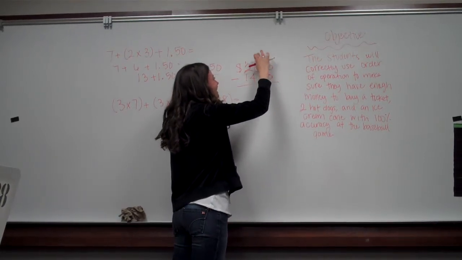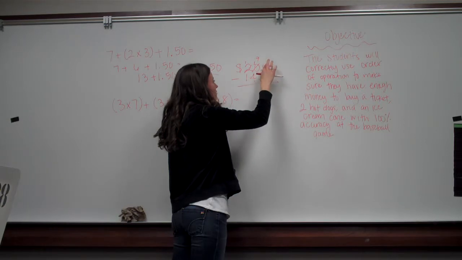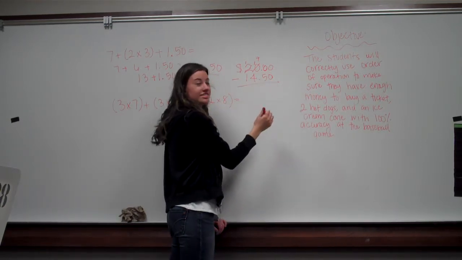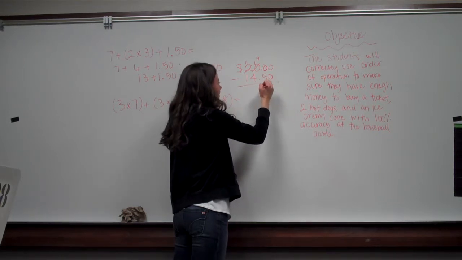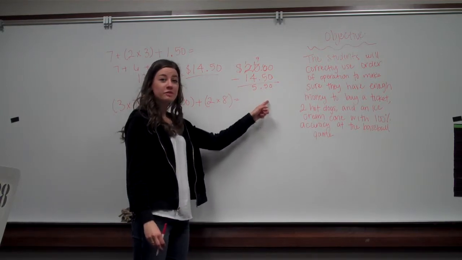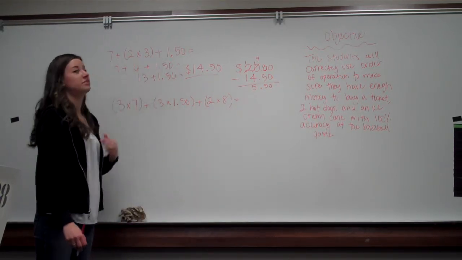Okay. So then this one would be a 9. And this one would be a 10. What's 0 minus 0? 5.50. Good. So you have $5.50 left over from 20. So you could even buy another hot dog or some more ice cream cones.